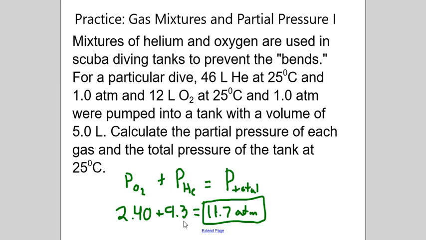So the total pressure of the system is the sum of these two gases, 11.7. Because it's hard for me to write where I am right now, I didn't show all my work here, but it's fairly straightforward, and it's good practice of the ideal gas law. Values right here for helium, values right here for oxygen, and then you can find the total pressure of everything.